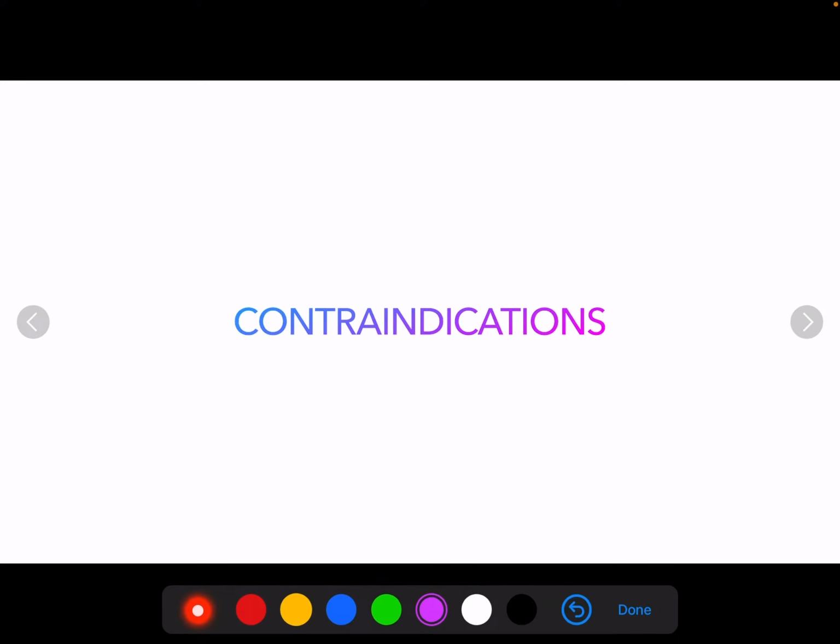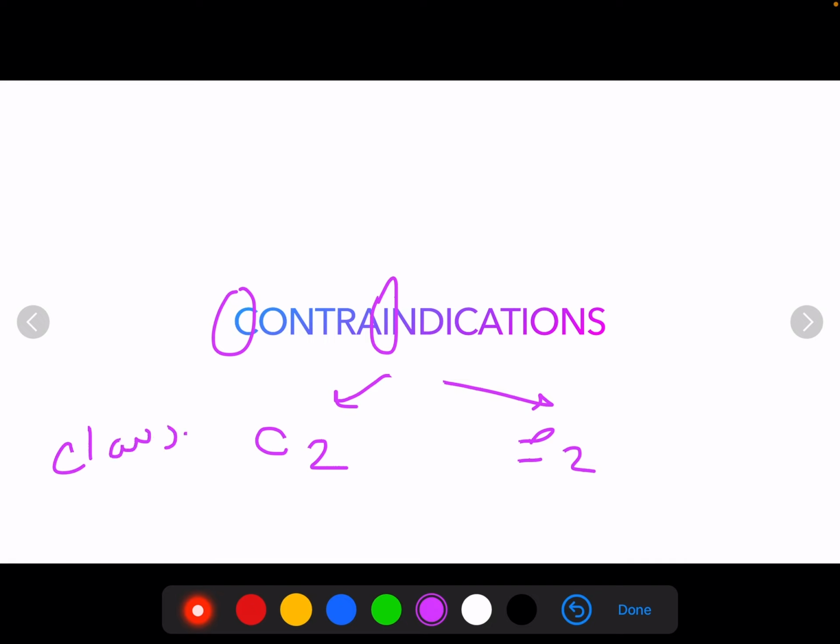Now, what are the contraindications for the HBO therapy? HBO therapy is contraindicated in C2 and I2. C is for claustrophobia, patients having claustrophobia. Also, in cases of COPD, chronic obstructive pulmonary disorder, we contraindicate HBO therapy.